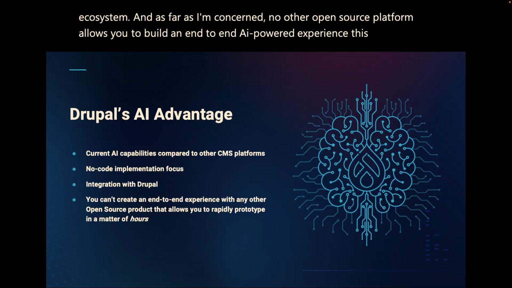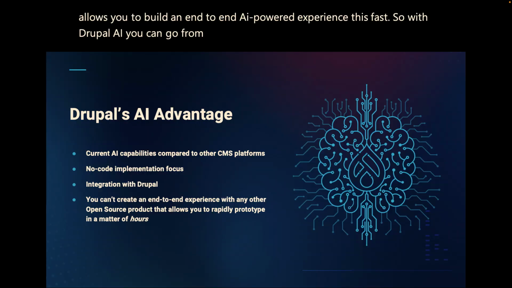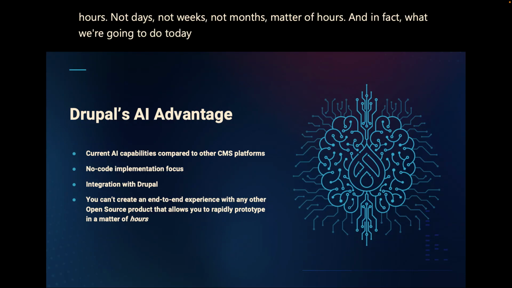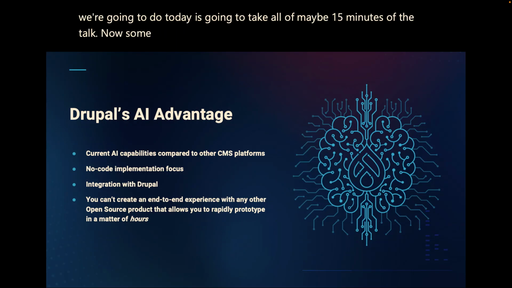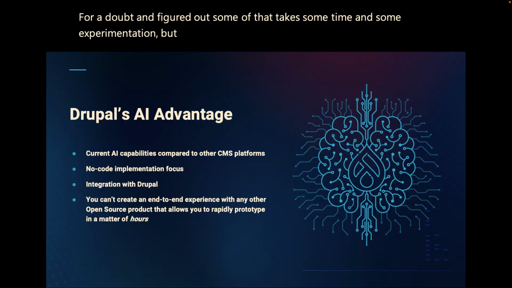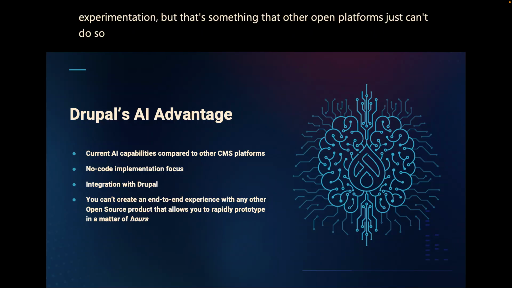So with Drupal AI, you can go from an idea to a functional prototype in a matter of hours, not days, not weeks, not months, a matter of hours. In fact, what we're going to do today is going to take maybe 15 minutes of the talk. Some of it's already been sorted out and figured out. Some of that takes some time and experimentation, but that's something that other open platforms just can't do. So if you're wanting to rapidly prototype with a client, this is the way to do it.